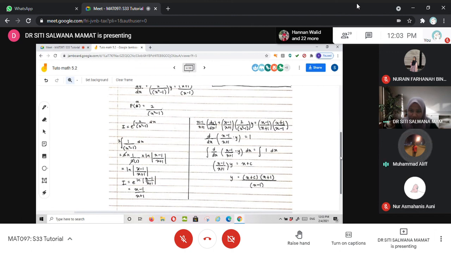Then last step, y equals to (x plus c) times (x plus 1) over (x minus 1). Okay. So this is the final answer. Yang ni dia tak bagi condition, this is you punya general solution.